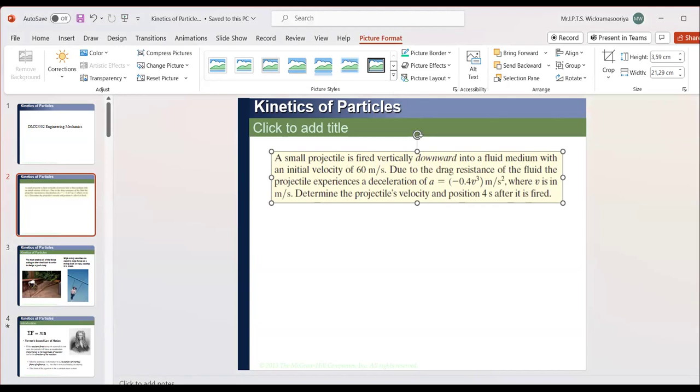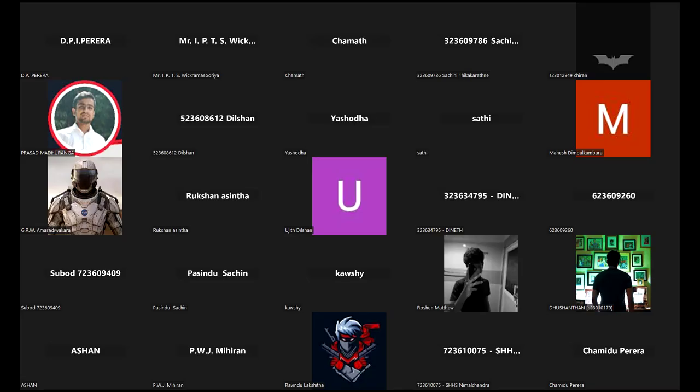So where should we start from? We have been given the acceleration, so we can start from the definition of acceleration. And we have only one direction, so it makes our work much easier.